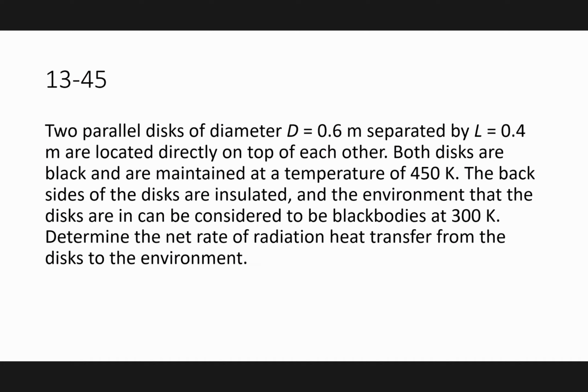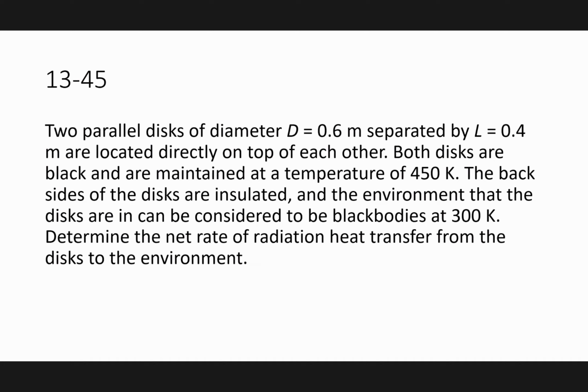Therefore, we have two parallel plates, but this is not an enclosure. The enclosure is the room that is at a temperature of 300 K. Therefore, we have two disc surfaces 40 centimeters apart, at a temperature of 450 K. Therefore, they are radiating to the outside.